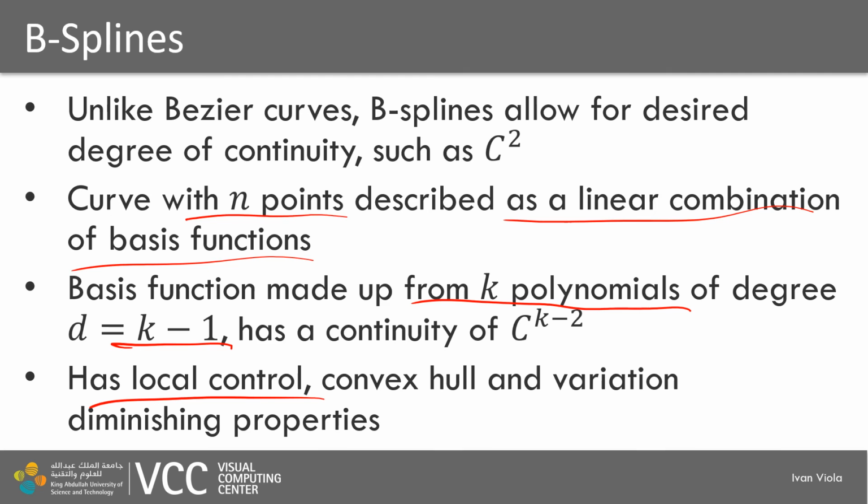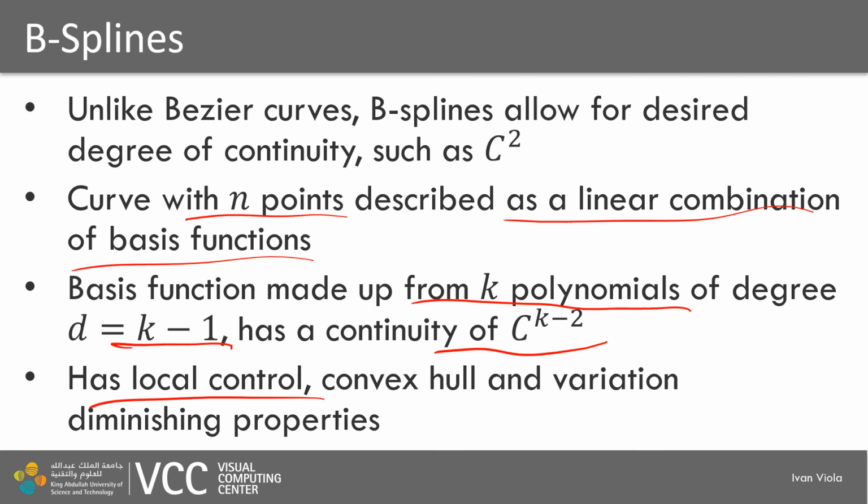That means that, for example, the linear degree, so degree 1, means that this function will be formed by two functions. So it will be a forked function, and there will be two different formulas for various regions defined by our knots within the parameter range. And the continuity is corresponding to it, which will be the continuity k minus 2.